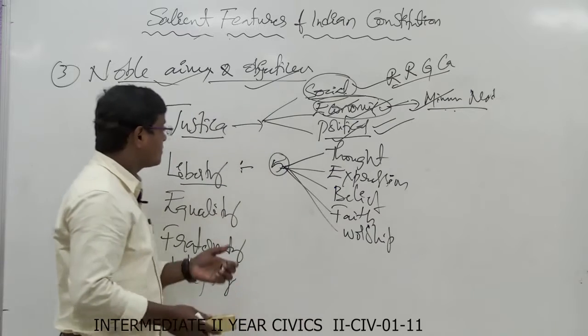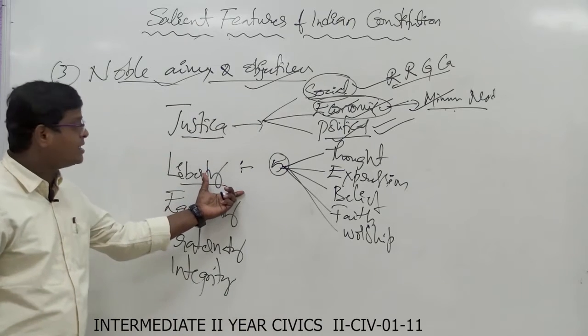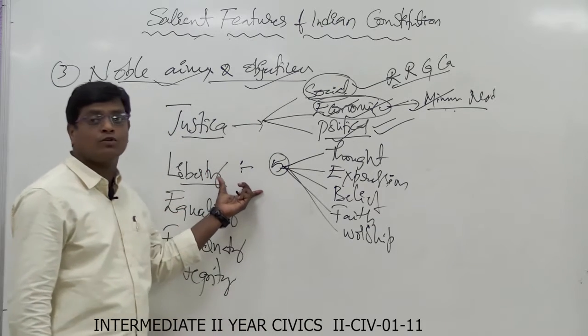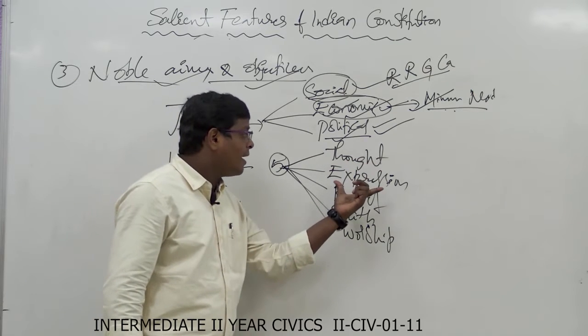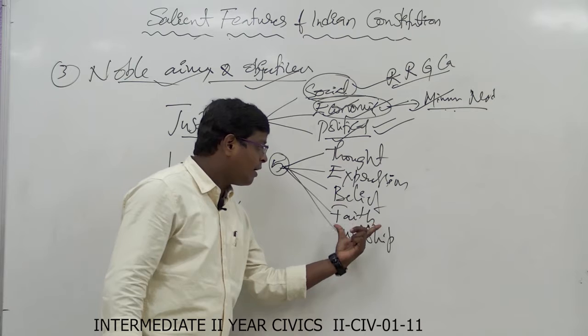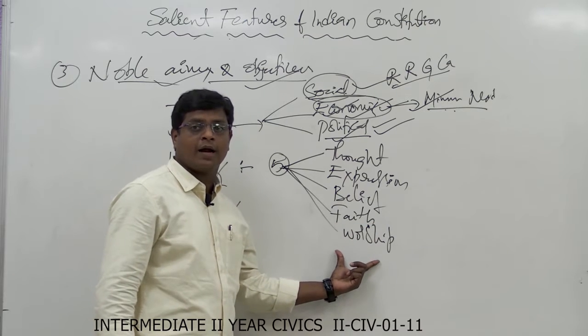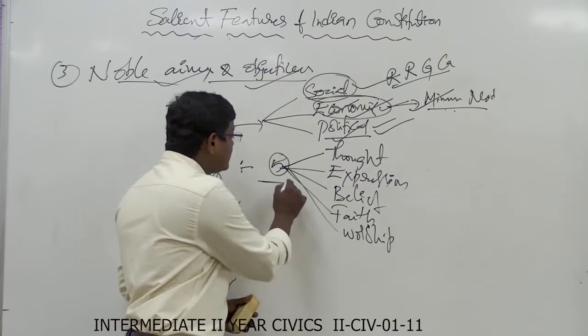Keep in mind, our Constitution of India, especially the preamble, provides liberty to the people of India in the matters of thought, expression, belief, faith and worship. Understood? Liberty on 5 matters.